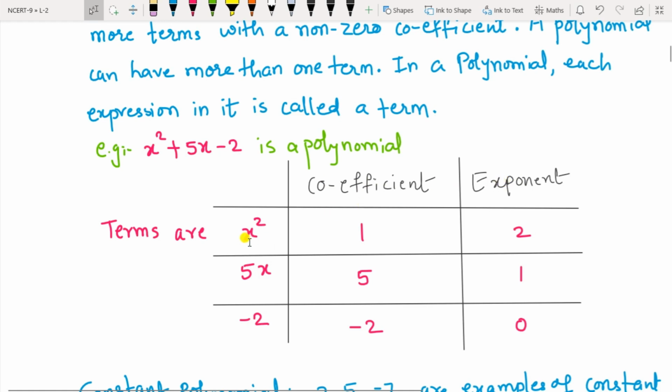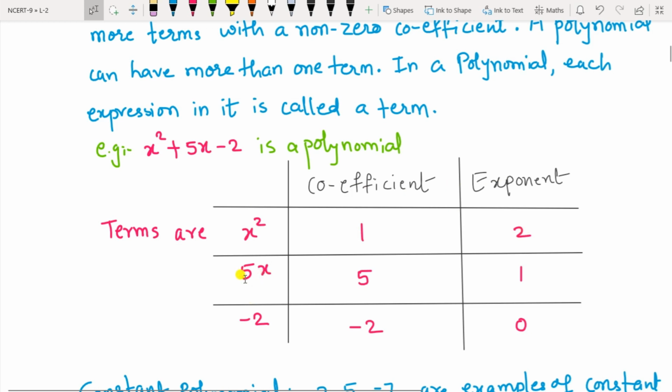For the term x square, the numerical value is called the coefficient. Here there is no number, so we take it as 1. So the coefficient is 1 for this term, and the exponent means the power of the variable, that is 2 here.